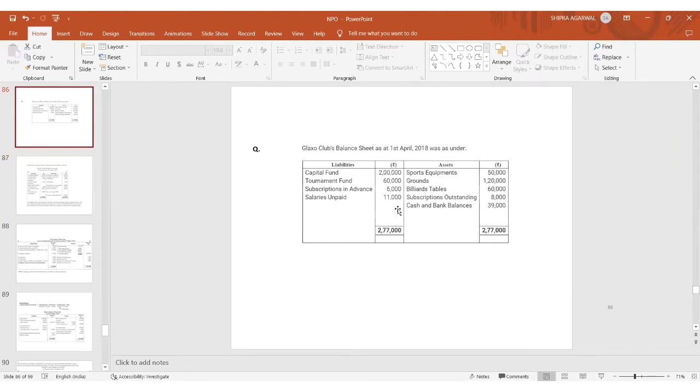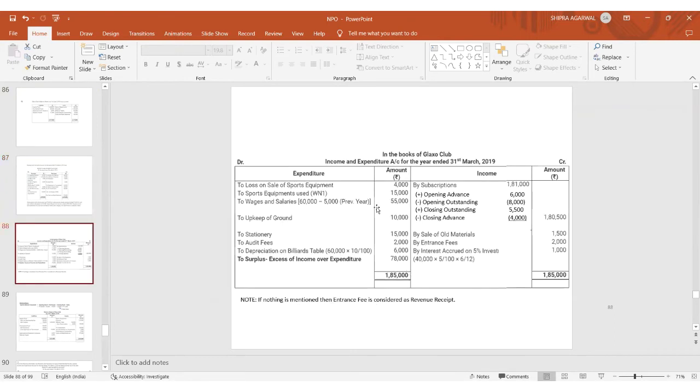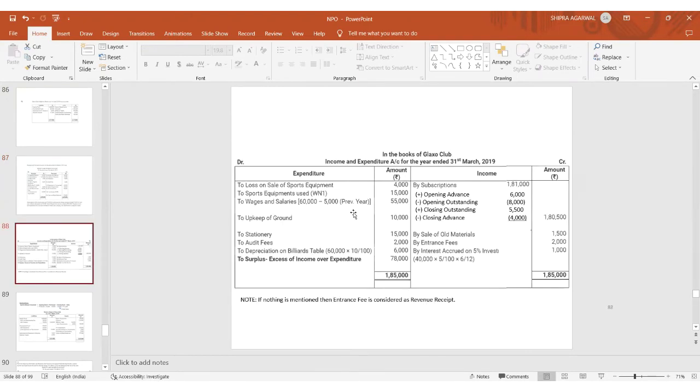Okay, salaries unpaid are 11,000 over here, and salaries still to be paid are 6,000 over here. So when I do the overall adjustment, I get it as 55,000. Then next is sale of sports, 6,000. Again, I can't show the sale over here.